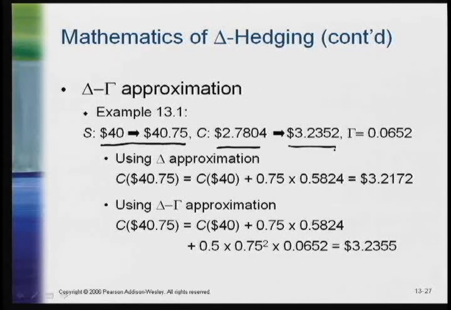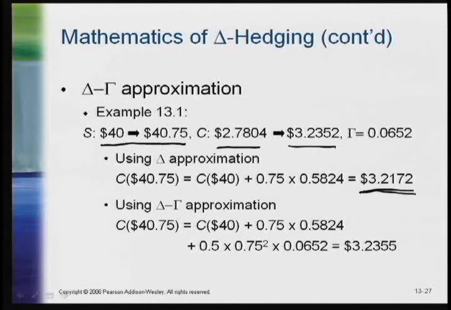And we can now look at the delta approximation, and the prediction would have been $3.2172. Notice that the prediction is below the actual price. This is the convexity of the call curve, that the actual change in the call price increased more than the delta approximation called for.